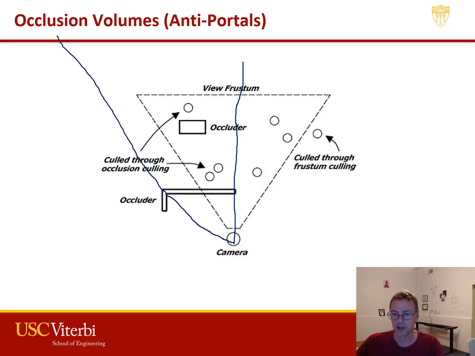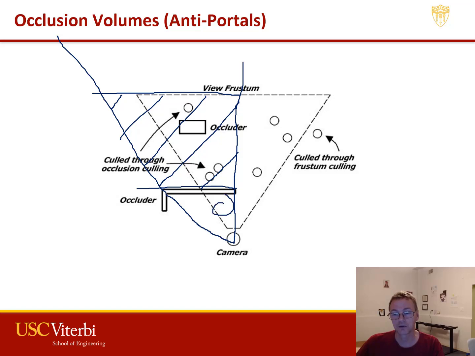And here is the near plane of that, and the far plane is the camera's far plane. So this is not a triangle, it's a frustum. This zone here is a frustum, and we know that everything in that frustum is blocked from view.